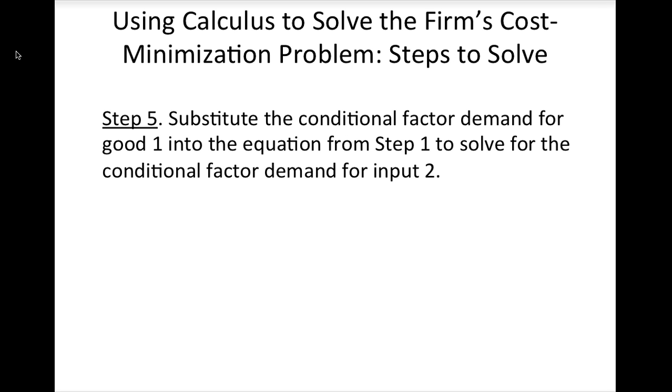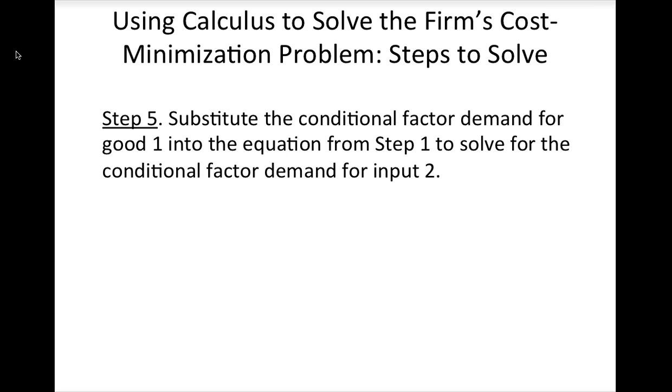The last step in the process is to substitute our solution for input 1 into the equation for input 2 that we obtained in step 1 and solve for the conditional factor demand for input 2. Although I could work through the algebra for this, I trust that you can do it on your own.